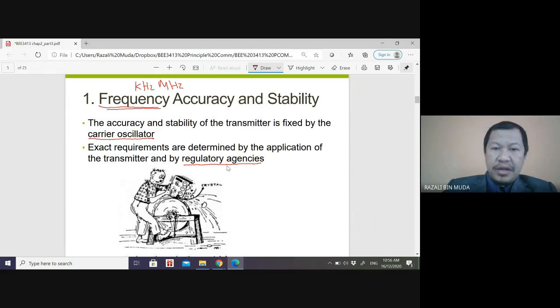Exact requirement are determined by application of the transmitter and by regulatory agency. So how we determine the frequency is determined by the application or the use of the transmitter and also by the regulatory agency.